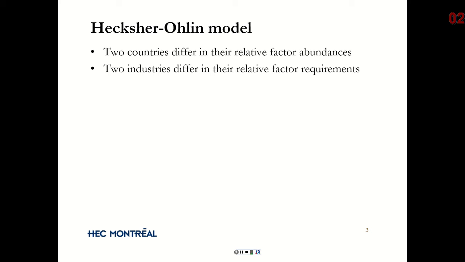So if you go back to the Heckscher-Ohlin model, the basic assumptions that you had in the model was that you had two countries that were identical in every respect, except that they had different relative factor abundances. Okay, so one country had relatively more labor.